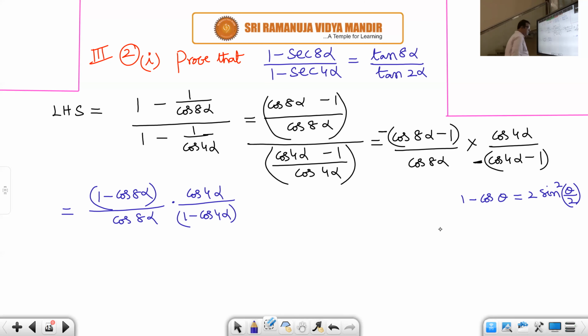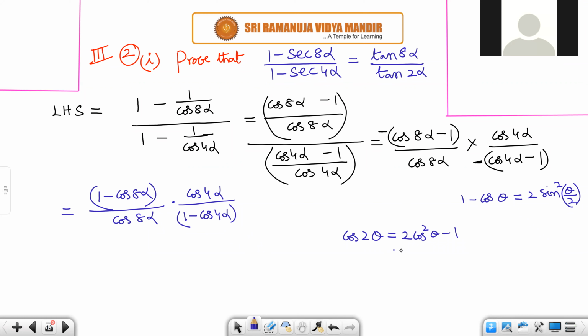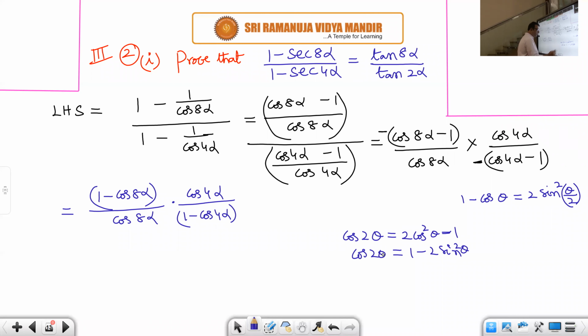Okay. So that we can easily prove. From cos 2θ, we have 4 formulas. Out of them, cos² θ − sin² θ, first formula. 2 cos² θ − 1, second formula. 1 − 2 sin² θ, that is the third formula. So using these two formulas, you can easily prove it.